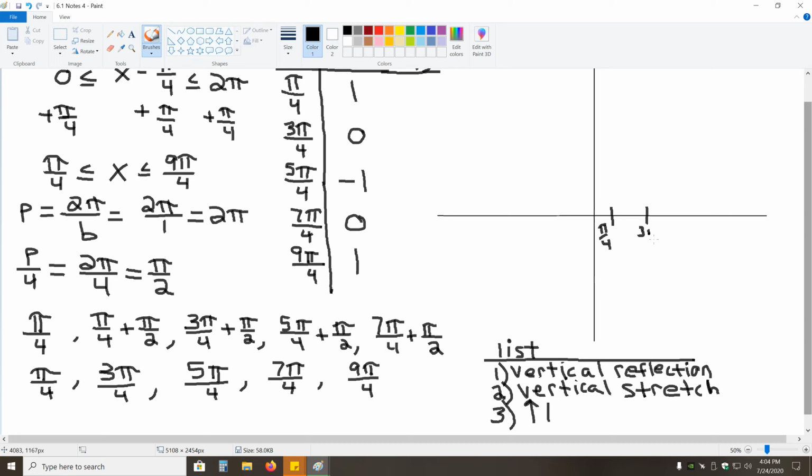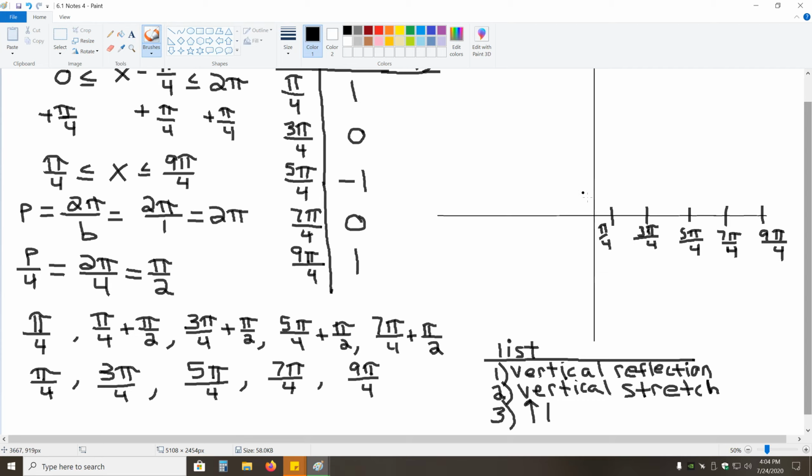So we have 3pi/4, 5pi/4, 7pi/4, and finally 9pi/4.